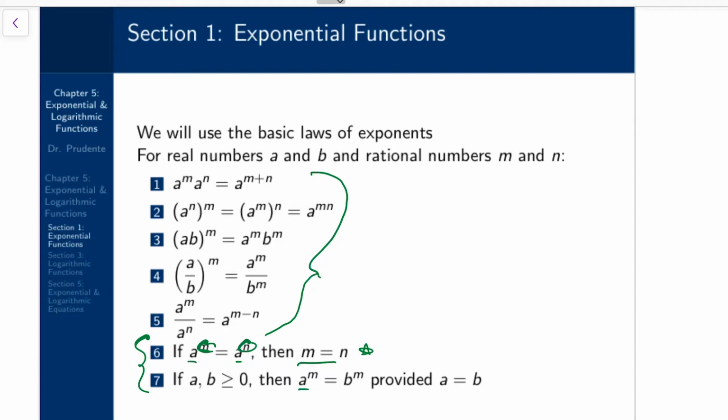Or if I have two different bases raised to the same exponent, those bases must be the same. So since this is a new type of function, we can study a new type of equations in trying to solve for x.